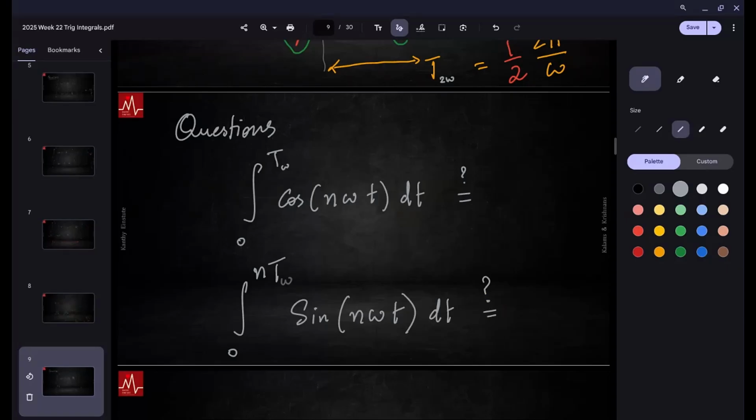I have two questions. What will happen with the cos?